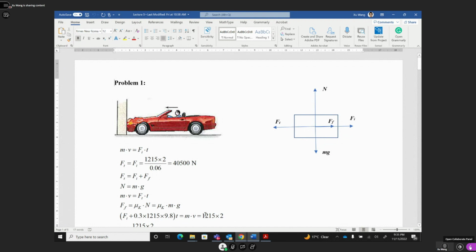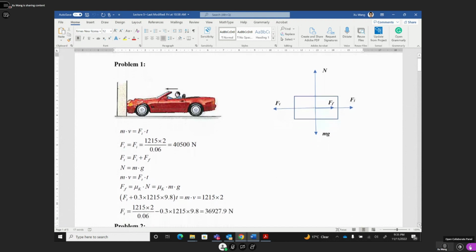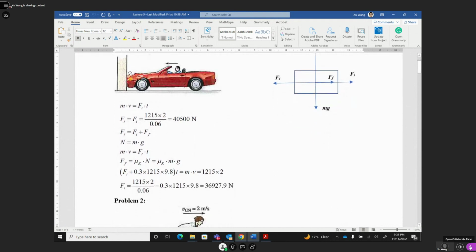From here you can solve for the reaction force of the wall, Fi, the impact force, which equals mv divided by the time, minus 0.3 mg. Then you calculate and get 36,927.9 Newton.